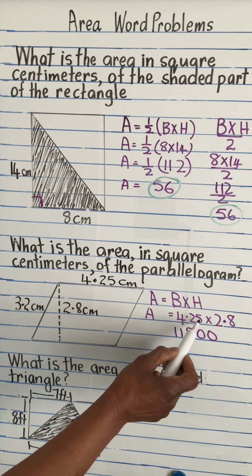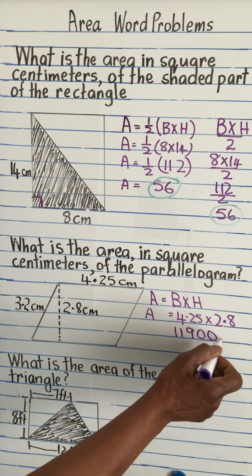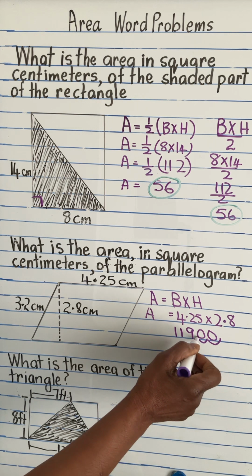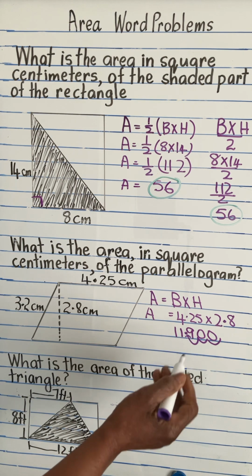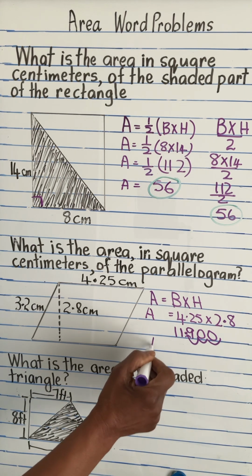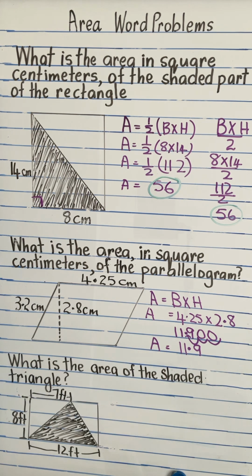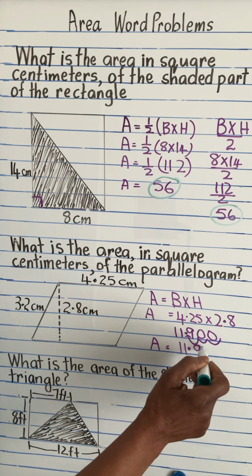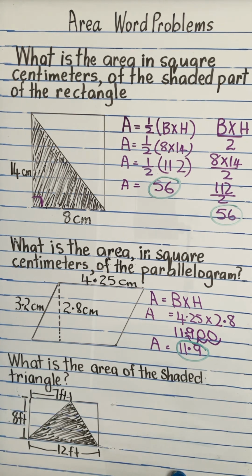And then we have 3 decimal places. 1, 2, and 1 more makes 3. So we're going to start counting from the back. 1, 2, 3, and our decimal point will be right here. So our final answer, area equals 11.9. And we can leave off all those zeros, or we can include them if we want. So this is our final answer, 11.9 centimeters squared.